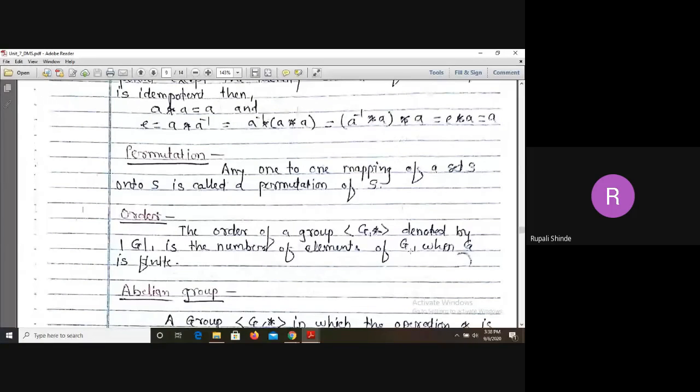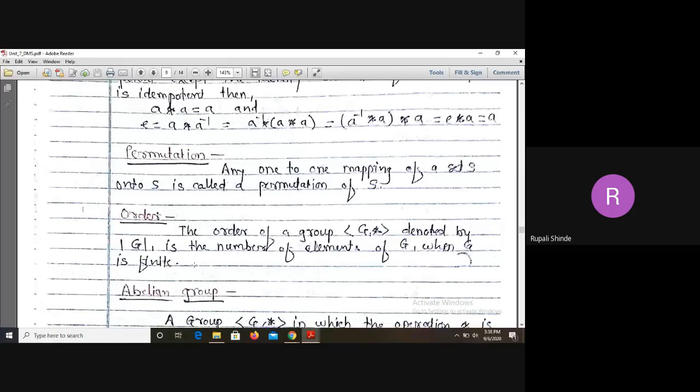If your group G contains 4 elements, then the order of that group is 4. So order means the number of elements present in group G. And there is one condition: G must be finite, that is, the group should be a finite group. So this is related to the order of a group.